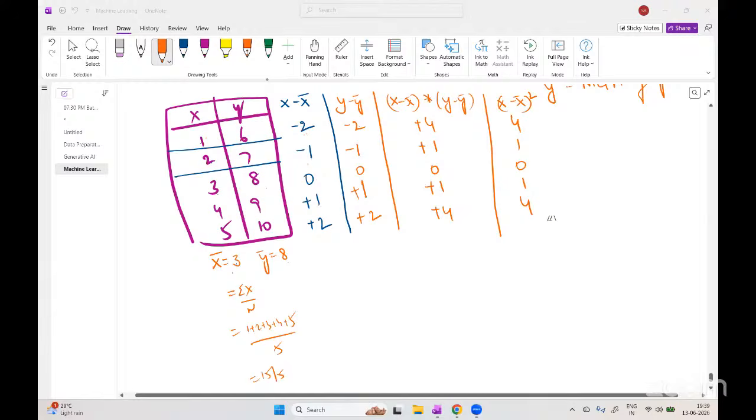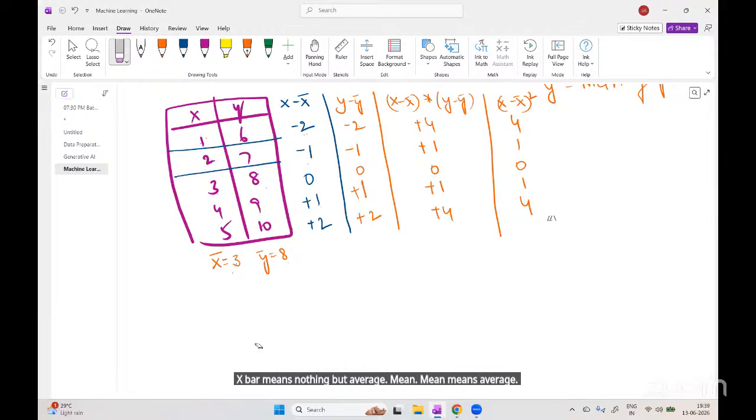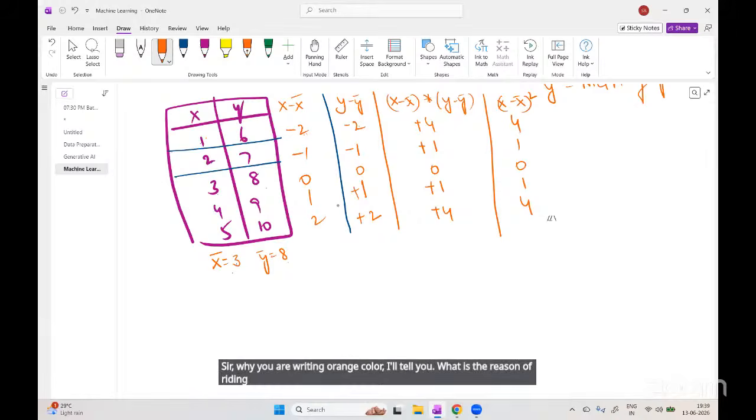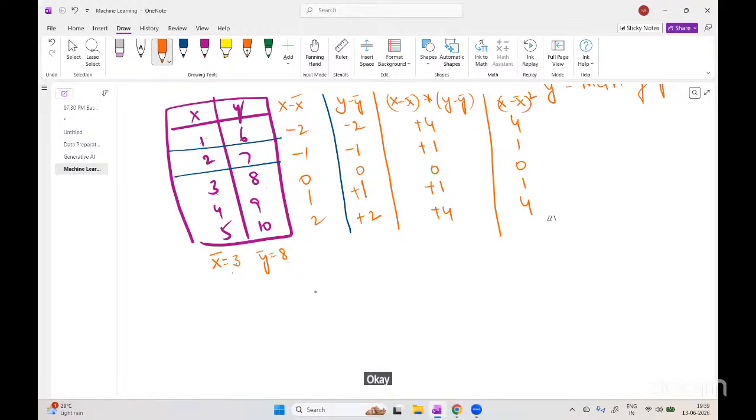Is that clear? Done. X bar means average. Mean means average. Now, I'm writing this one also in orange color. Sir, why are you writing in orange color? I'll tell you the reason.